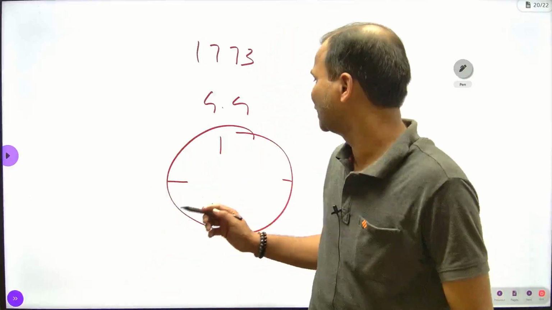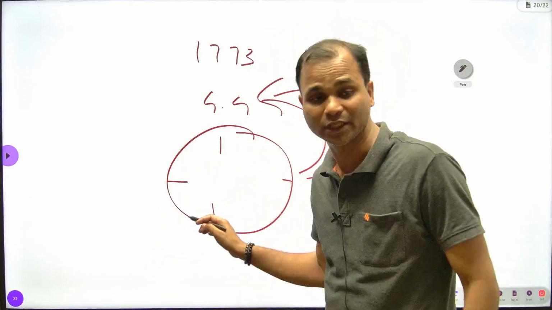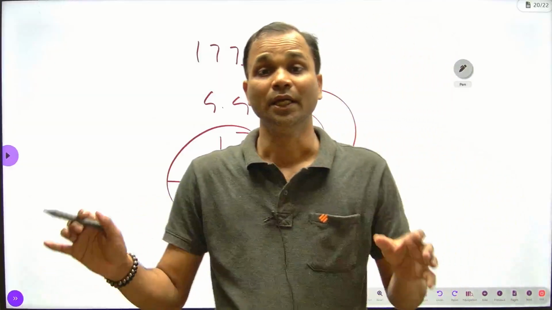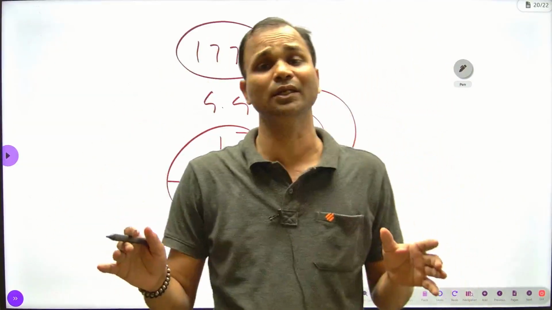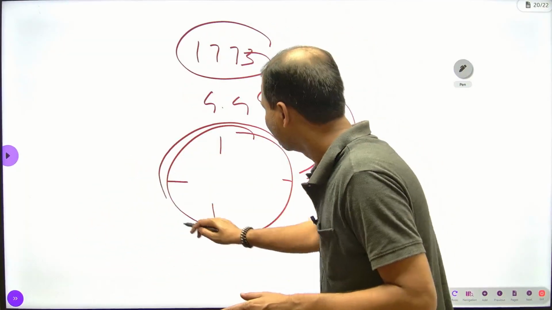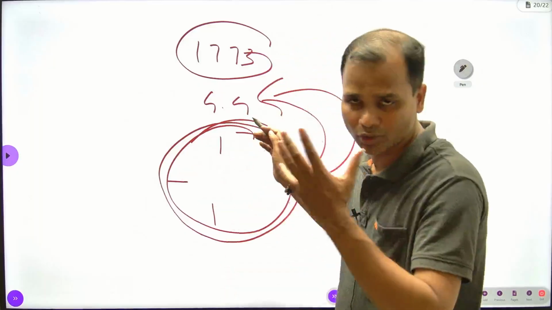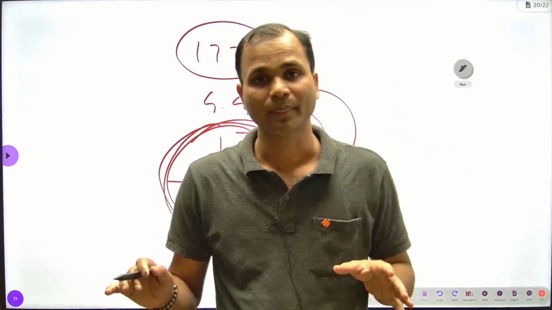And the Governor General was bound to take decisions on the advice of this Executive Council. It means the post of Governor General was created in 1773, but the Governor General was bound to take decisions on the advice given by the Executive Council.